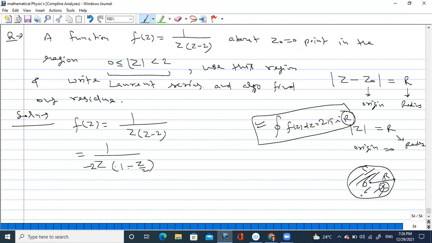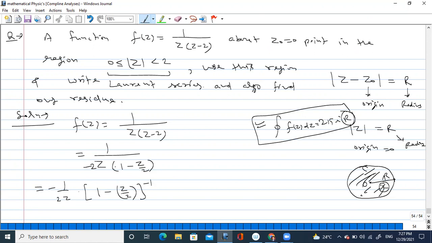This is 1 minus 1 upon 2z into 1 minus z by 2 to the power minus 1. So this is like 1 minus x to the power minus 1.